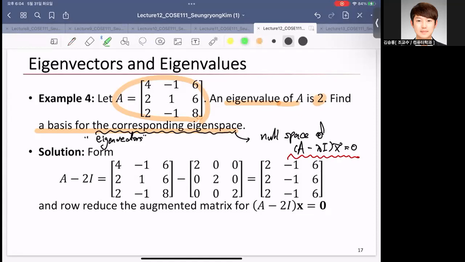First of all, matrix A was as given, and 2 times the identity matrix is going to be 2 on the diagonal. Then A minus 2I is going to be (2, 2, 2), (-1, -1, -1), (6, 6, 6).